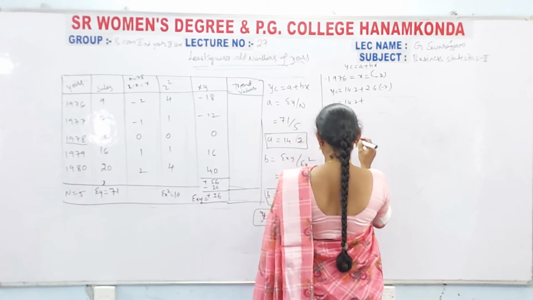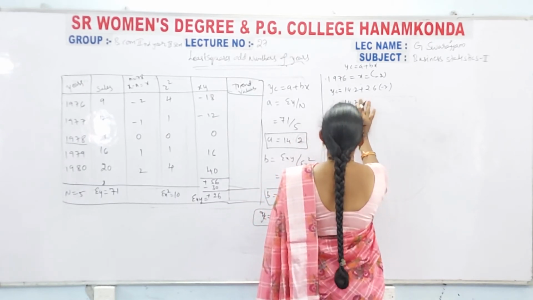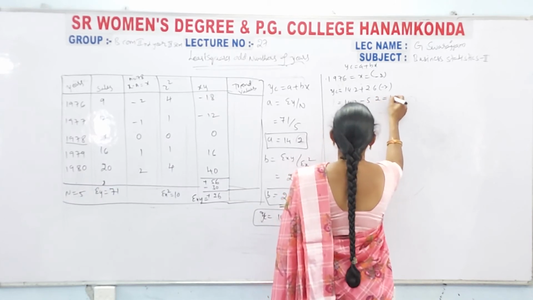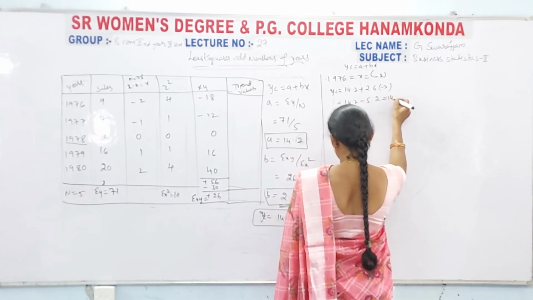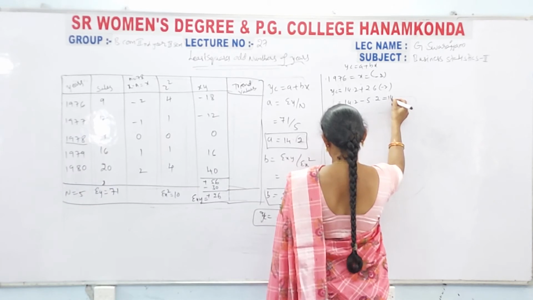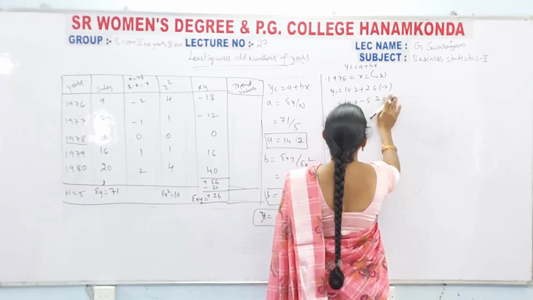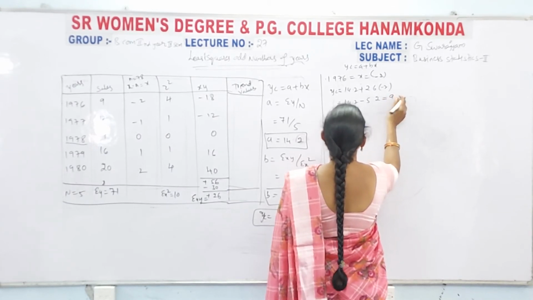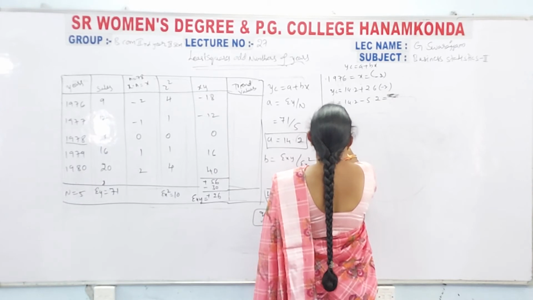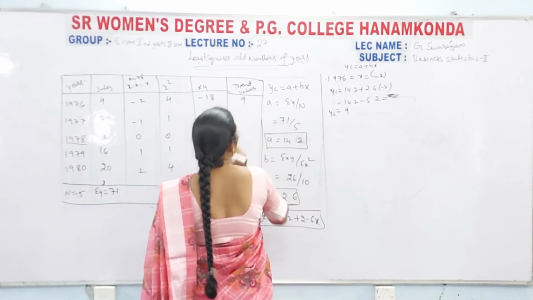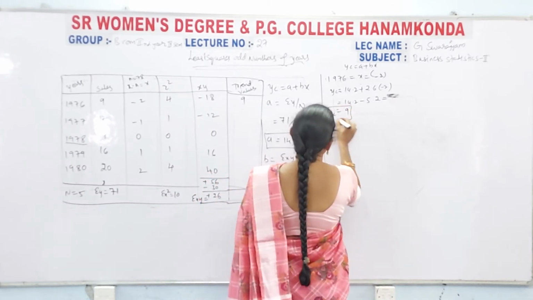Here 5.2, minus 5.2. So 14.2 minus 5.2 is 9. Yc is equal to 9. The trend value here is 9 in 1976.